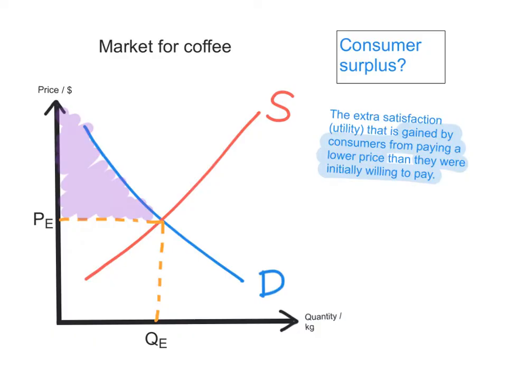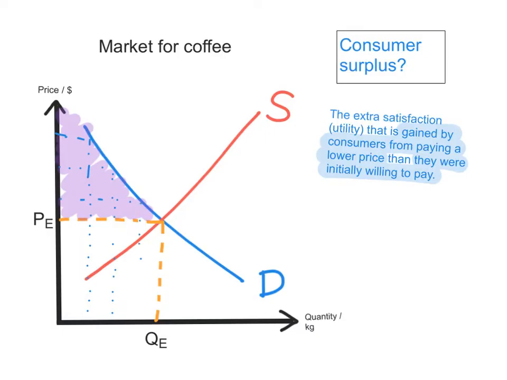Basically, consumer surplus, if you look at this diagram right here, all consumers will end up paying the equilibrium price. But you have consumers who were willing to pay a higher price. For example, at this price, some consumers were willing to buy this quantity. At this other price, which is higher than equilibrium, consumers were willing to buy this quantity, and so on.